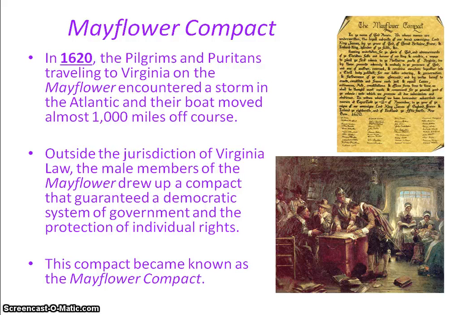The laws of the Virginia Company don't apply to them, and the male members of the Mayflower are going to draw up this compact that guaranteed a democratic system of government and protection of individual rights. It becomes known as the Mayflower Compact. And it is where people decide that they are going to come together for the betterment of the society.